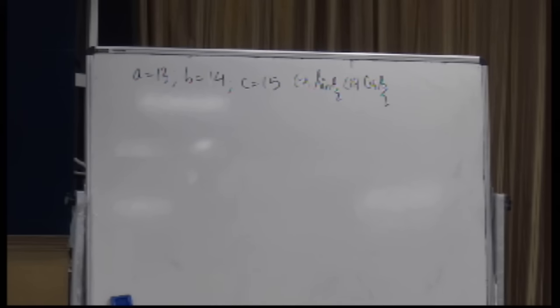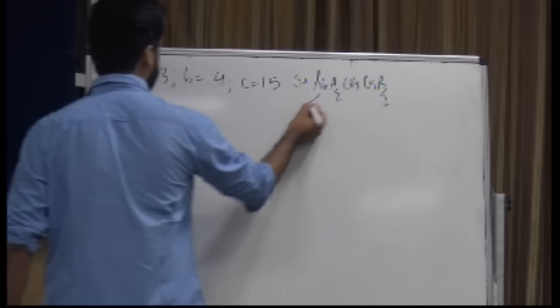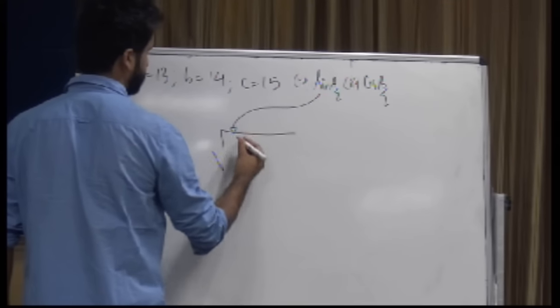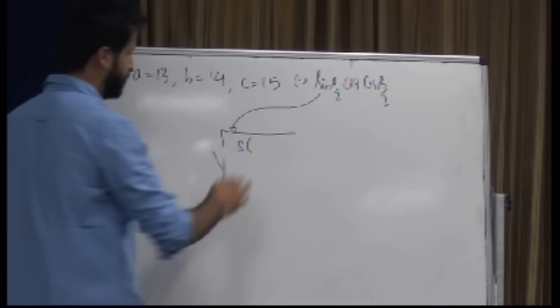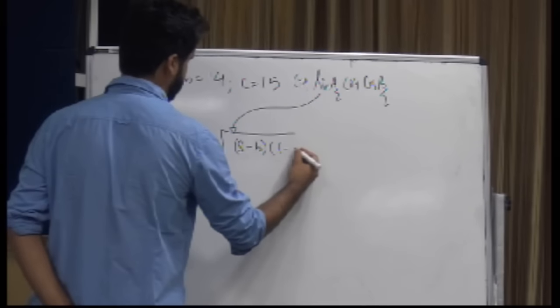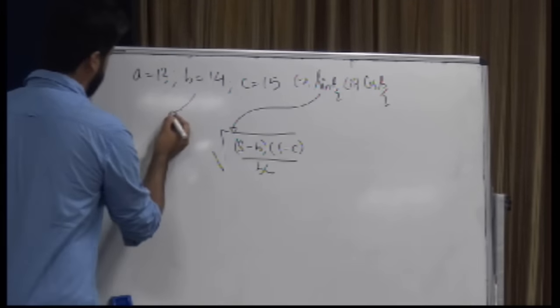The first part is 1 by root 5. Second part, 7 by root 65. Good. So what is the value of sine A by 2? It is root of S minus B, S minus C upon BC. So what is the value of S here?